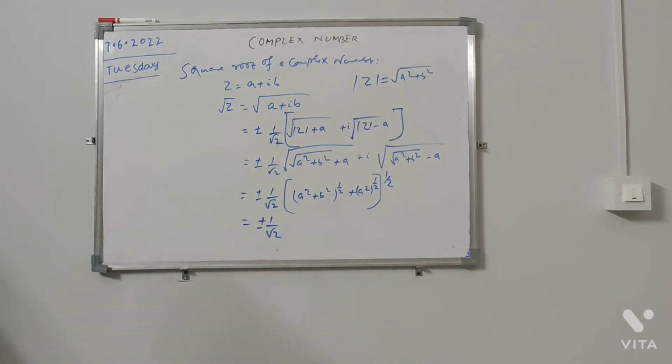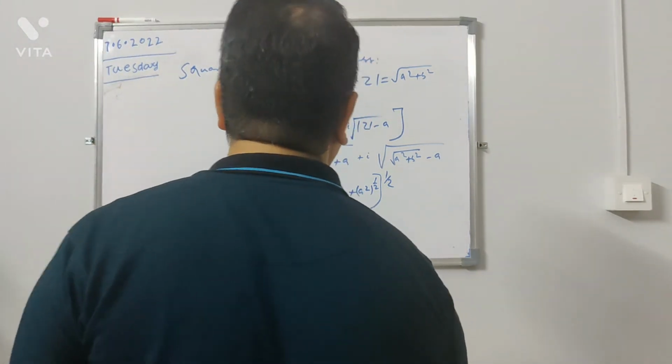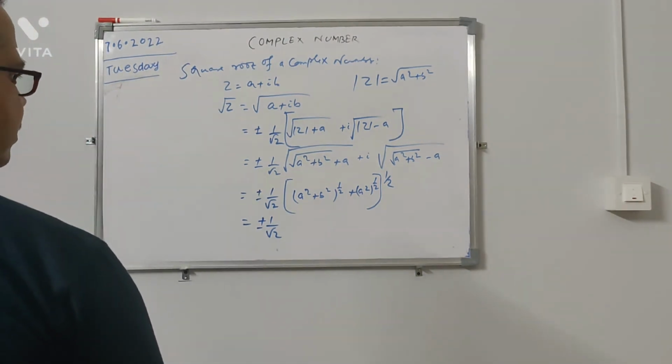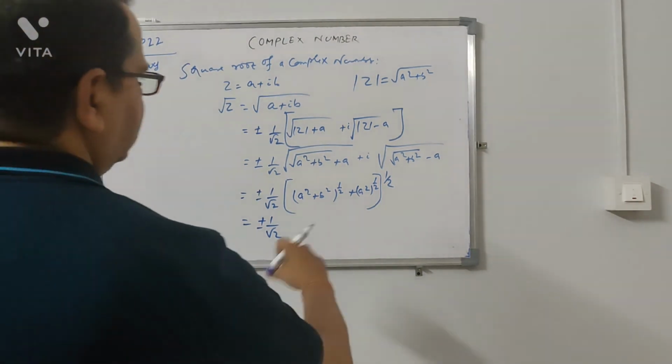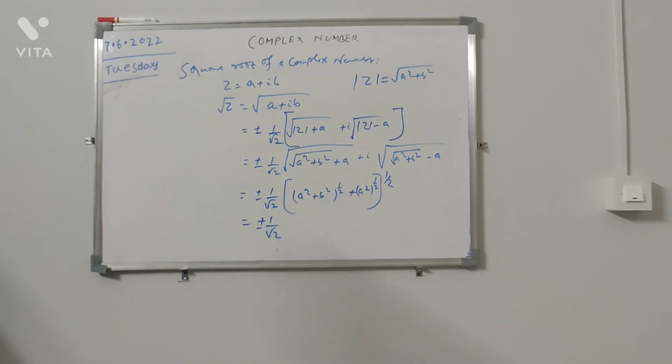This can be based on that binomial theorem kind of stuff. You see (a square plus b square) to the power half plus a square to the power half, then the whole thing to the power half.